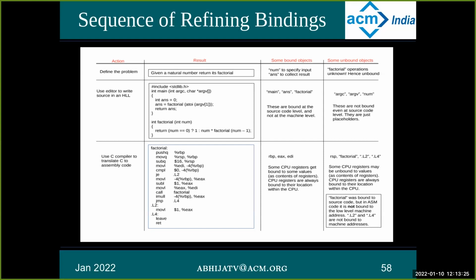In the next tool, we try to create those bindings, and so on and so forth. That is all that is occurring over here. I hope you can see that when we start defining the problem, there are very few objects that get bound. And as we proceed through the tool chain, the detailing starts occurring. The gradual detailing comes down. Gradually, all the bindings that will be required for the final operation on the hardware will be created.